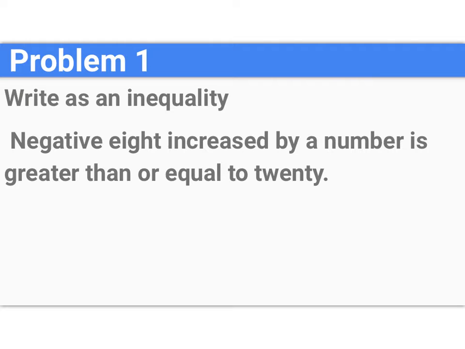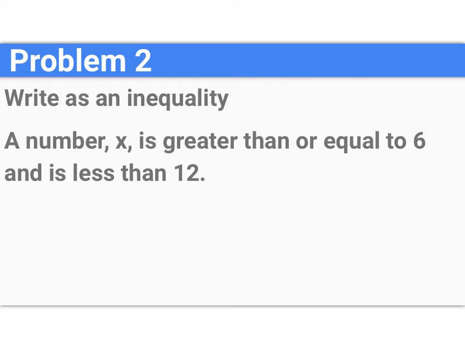Okay, problem 1. -8 increased by a number. -8 plus a number is greater than or equal to 20. A number x is greater than or equal to 6, and x is less than 12.